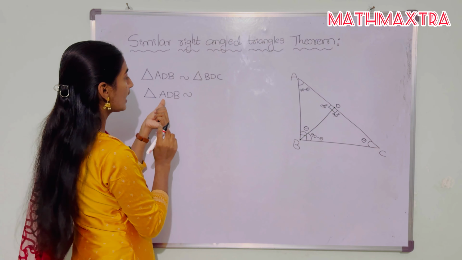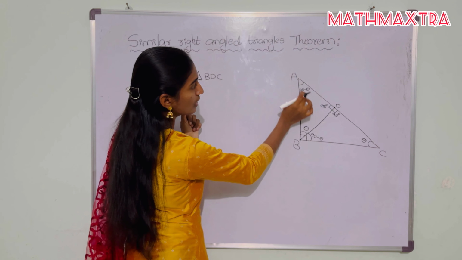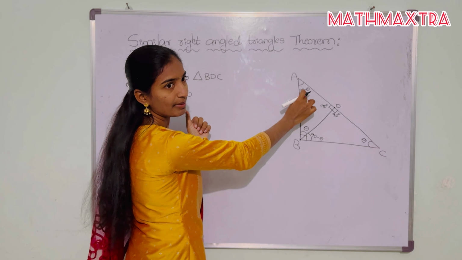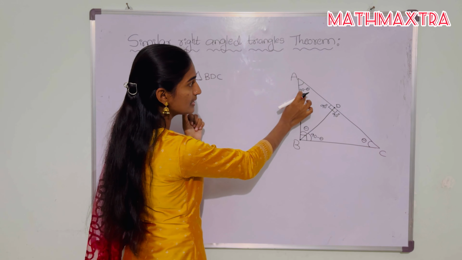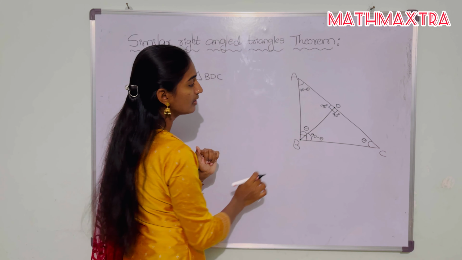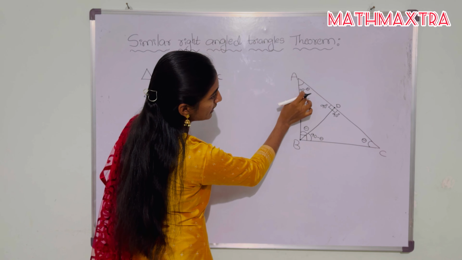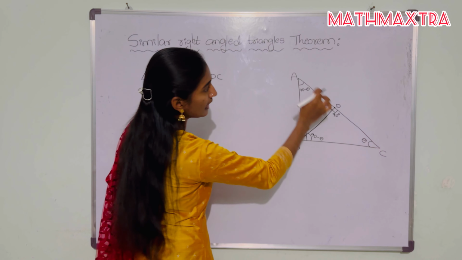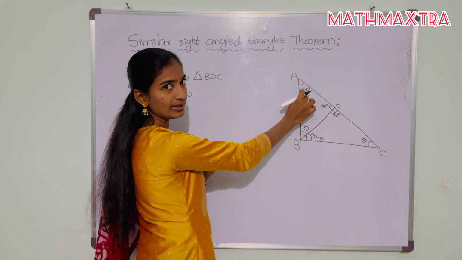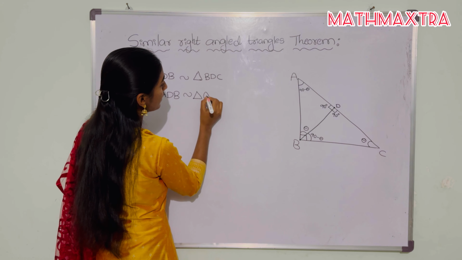You have to check the angles. What is the measurement of angle A in triangle ADB? 90 minus theta. You check for this angle in the larger triangle. In the larger triangle also, angle A measures 90 minus theta, so you write A here.